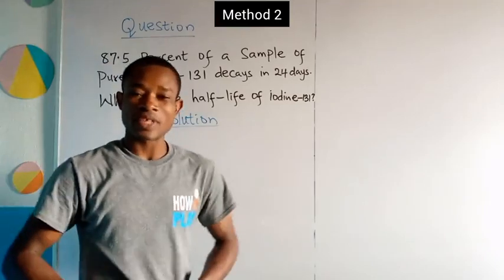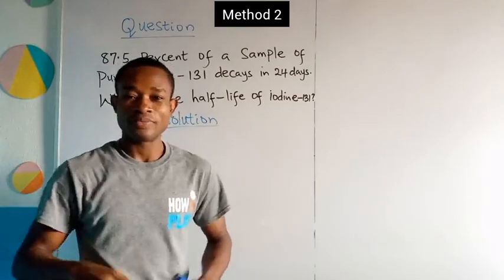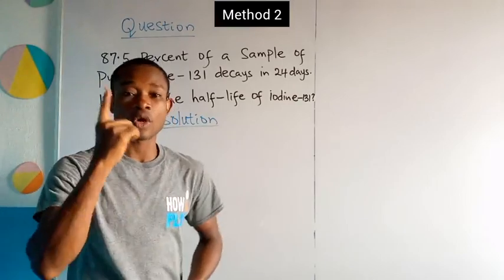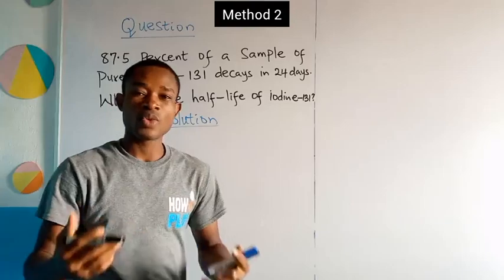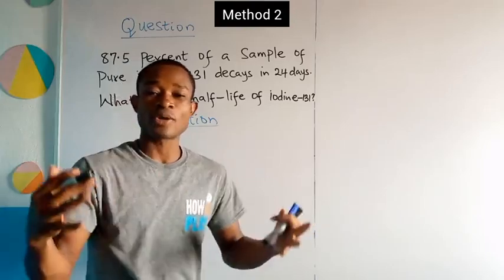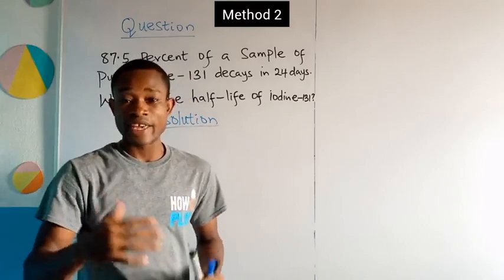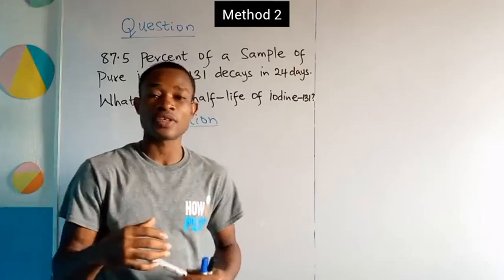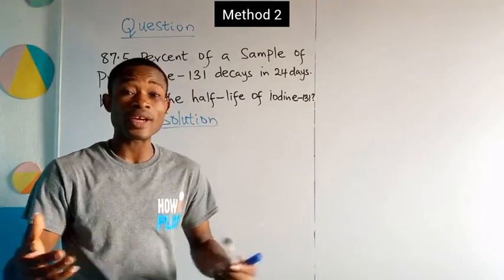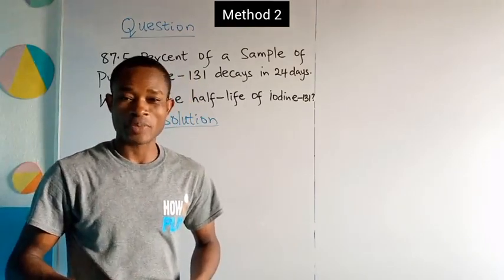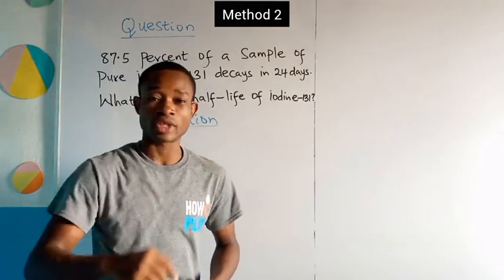Whenever you are dealing with percentage, what should you know? Total percentage is equal to 1. Just as the summation of all proper fractions is equal to 1, the same thing applies in the case of percentage. If you add up all percentages, it is expected to give you 100. Of course, that's why percentage is usually expressed over 100.